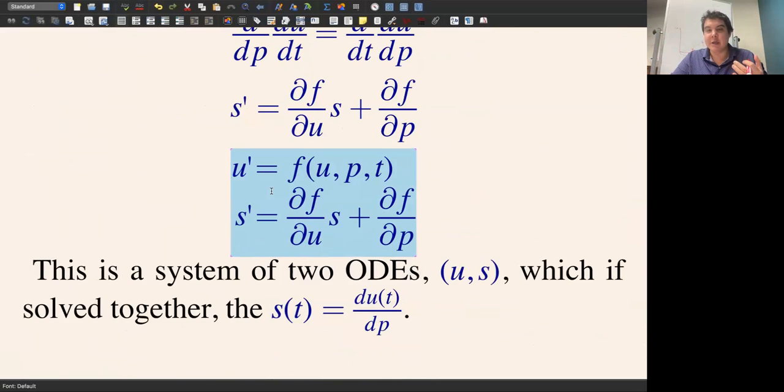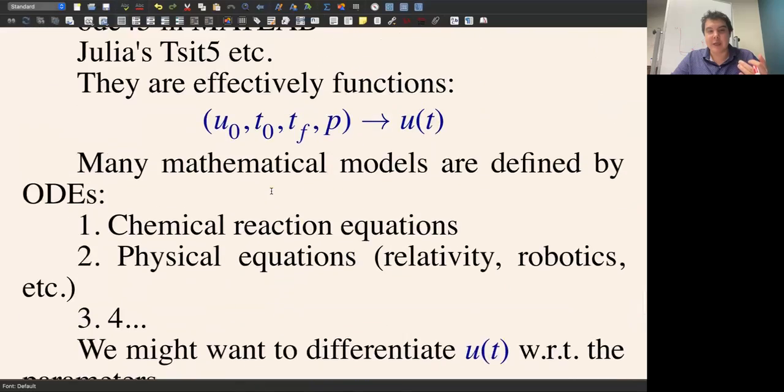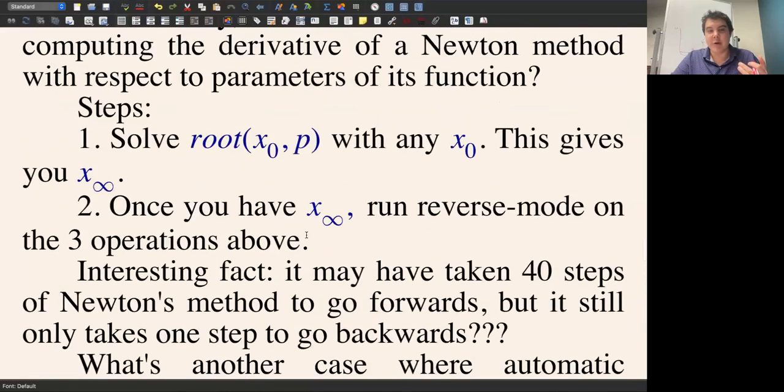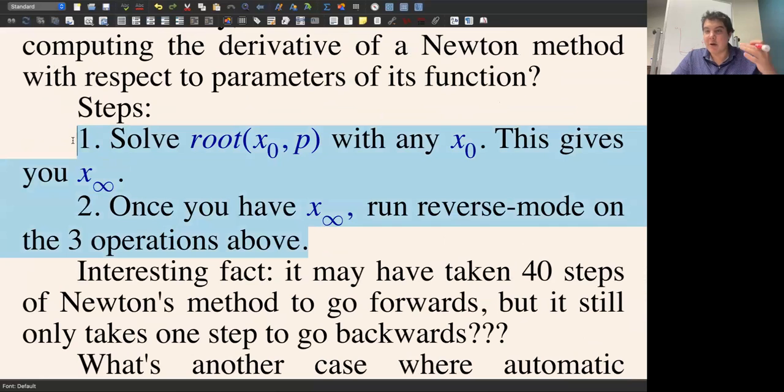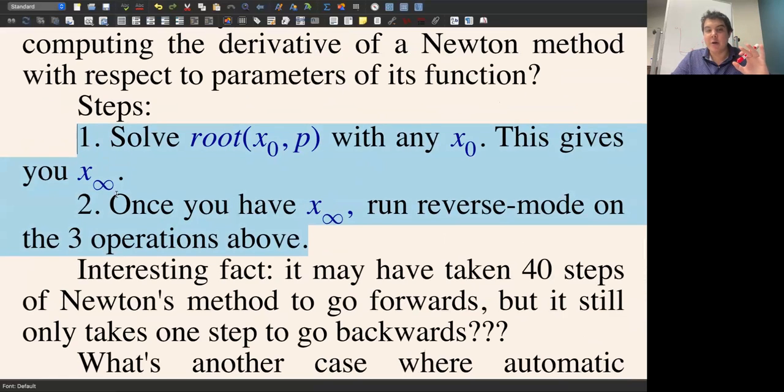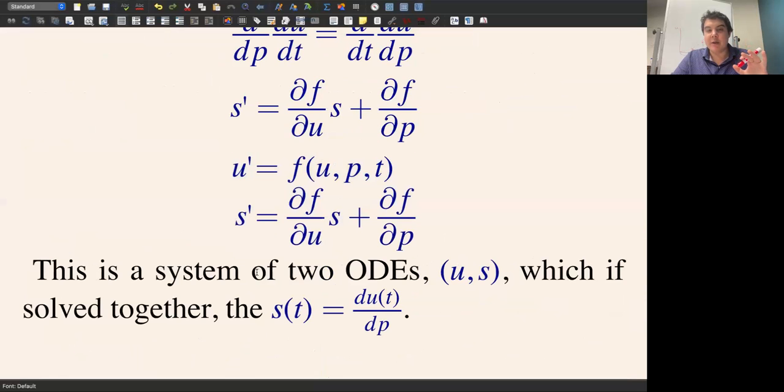In a lot of these cases, you either have something like Newton's method, where there's iteration to zero and you can chop off most of the computation, or the derivative of your original program can be calculated by running that same kind of solver on a new input to that same program. So the derivative of an ODE is an ODE.